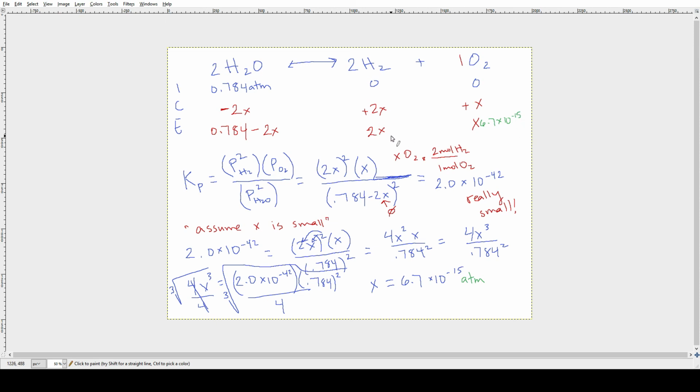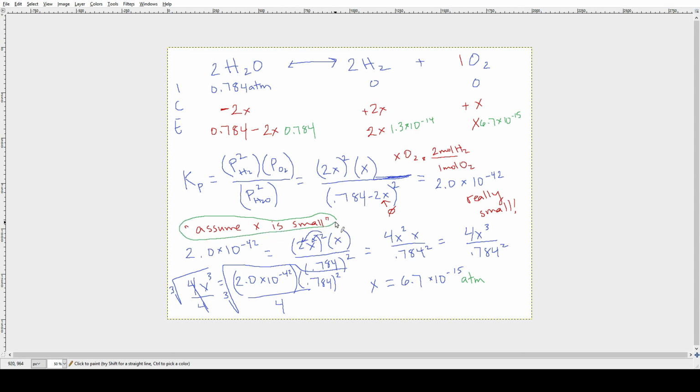My hydrogen is that times 2, so that would be 1.3 times 10 to the negative 14. And then here it's 0.784 minus that number times 2. So this one actually comes out to 0.784 again. So this is the small x assumption method.